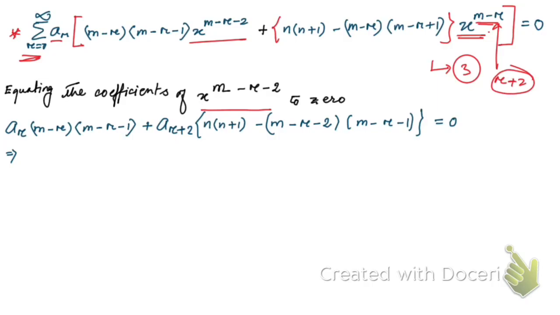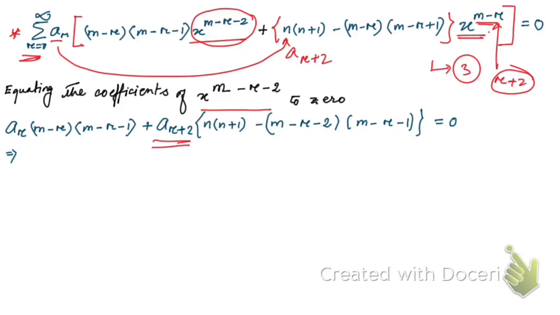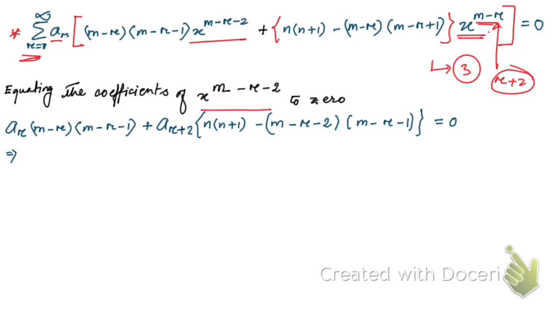So when you write this ar here, instead of r we write r plus 2. That's why we have this term here, okay? But here we already have x to the power m minus r minus 2, that's why I have simply written ar here, okay? So hope you have understood this.